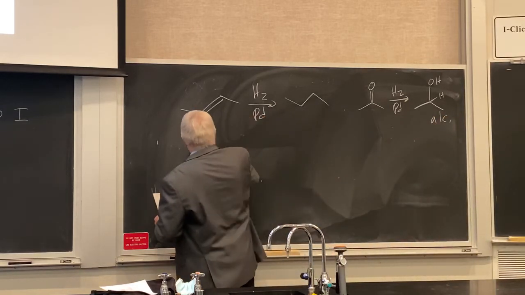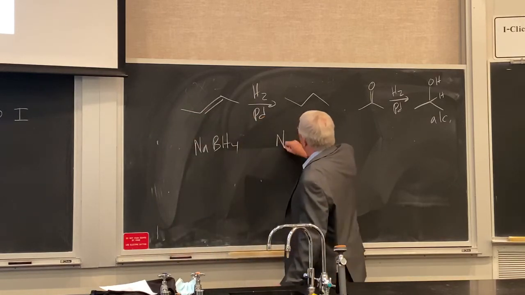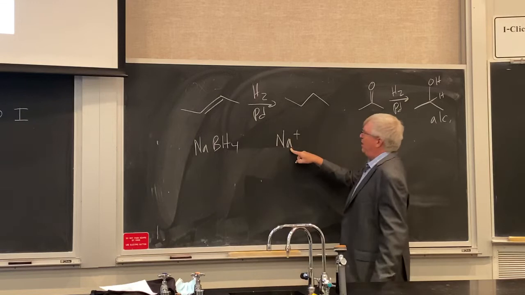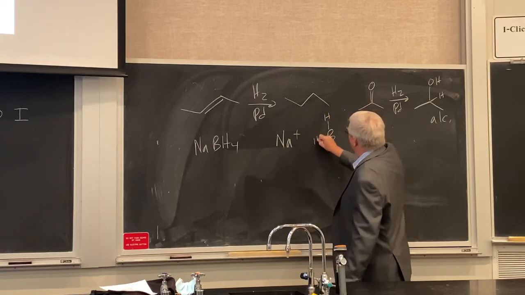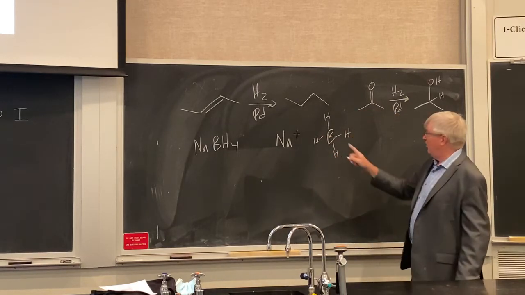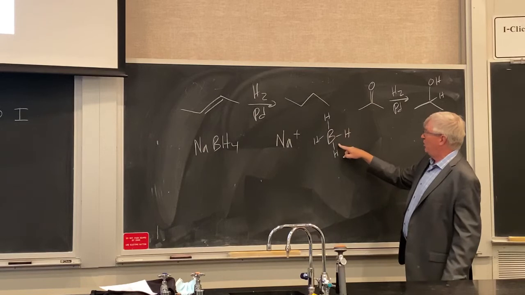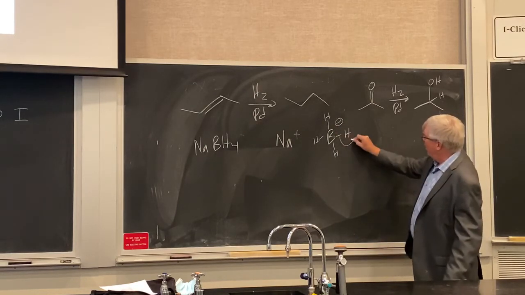So sodium borohydride is the first one we're going to use, and it has a sodium cation. So what's the BH4? Well, it's boron with 4 hydrogens. And if there's 4 hydrogens here, boron has 3 valence electrons. So with 4 bonds now, what's the charge on boron? Yeah, it's borate. And you can see a hydride can come off, right?